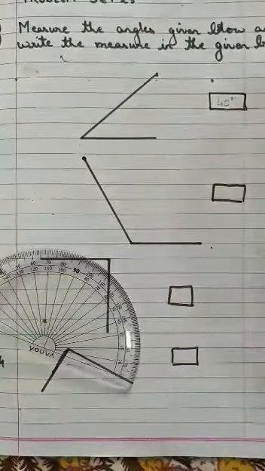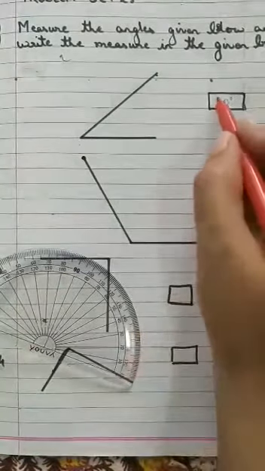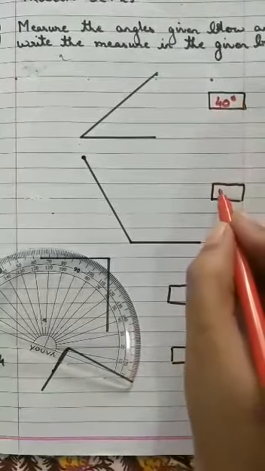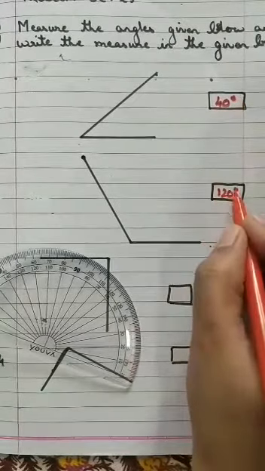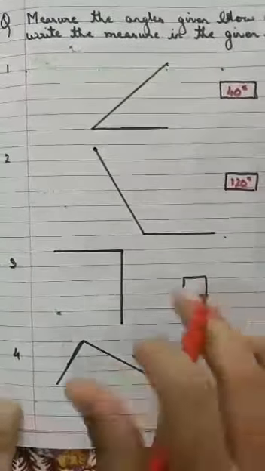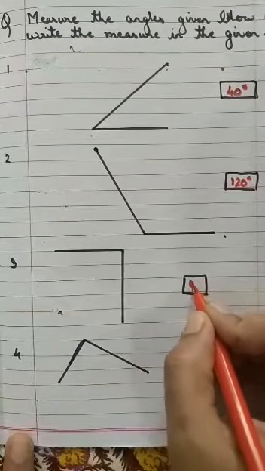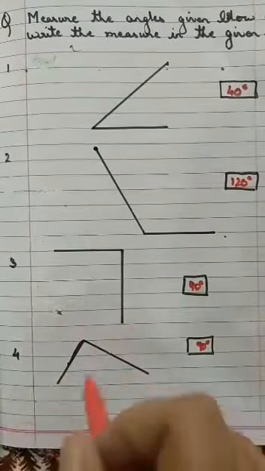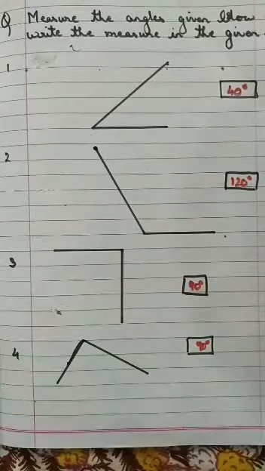Understood? So the first angle is 40 degrees. Second was how much? 120 degrees. Third was how much? Yes, 90 degrees, and fourth again 90 degrees. So this way you have to do it in the notebook.